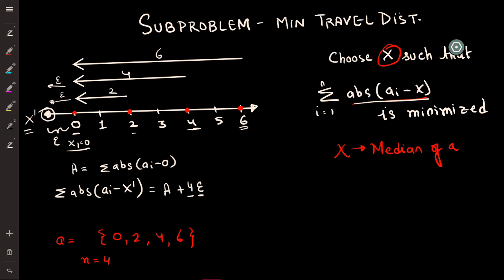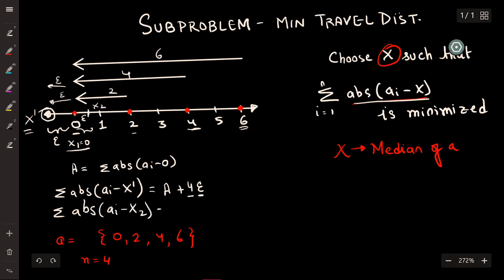Now similarly, let's draw an x2, epsilon distance towards the right of 0. If I calculate the summation of absolute value of ai minus x2, let us again check each point individually. 0 had to travel 0 distance to reach 0, but now it has to travel epsilon distance more towards the right.